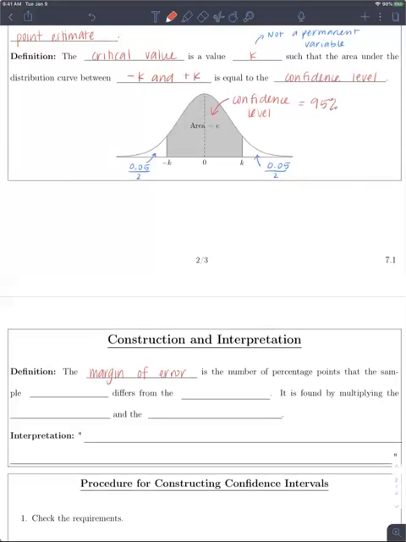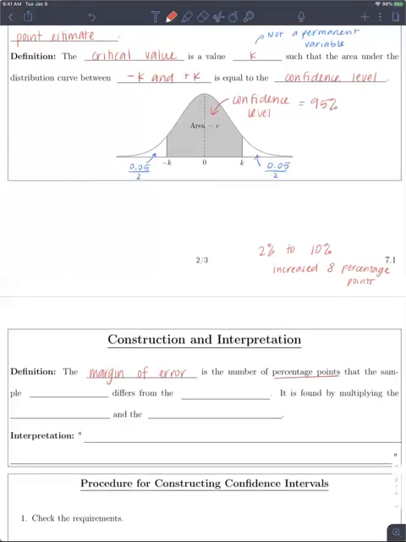And so what this is, it's the number of percentage points. Percentage points is different than percentage, right? If you were to go from 2% to 10%, you've increased not 8%, but you've increased 8 percentage points.